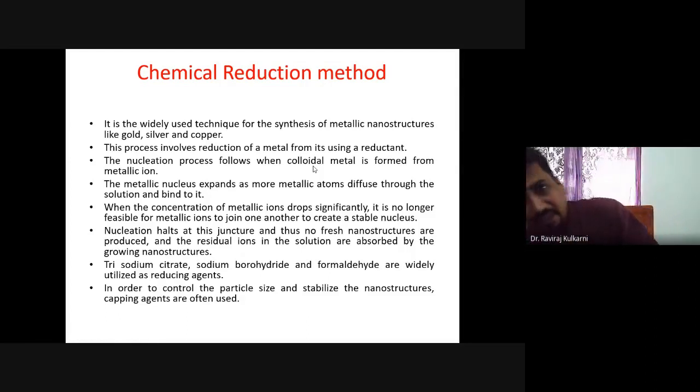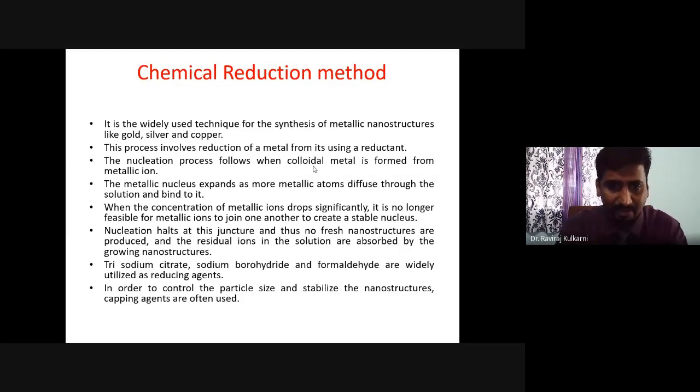Anyway, I'll just give in brief. Metal ions accept electrons, depositing as metal. This is the reduction method. Reduction means the metal ions accept electrons and become metal, which has got zero oxidation state. So we call it the nucleation process, where colloidal metal is formed.